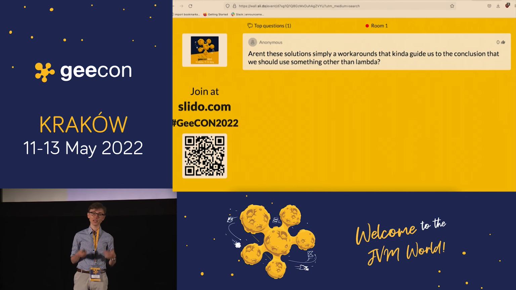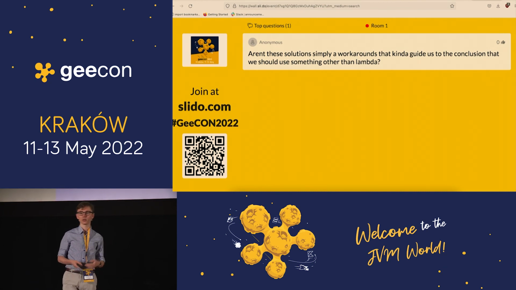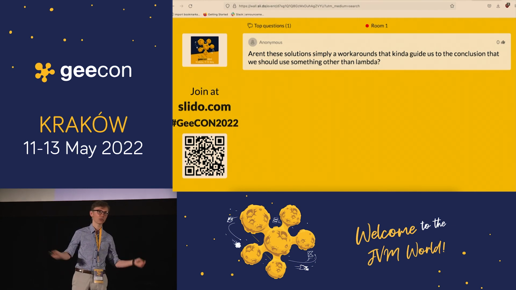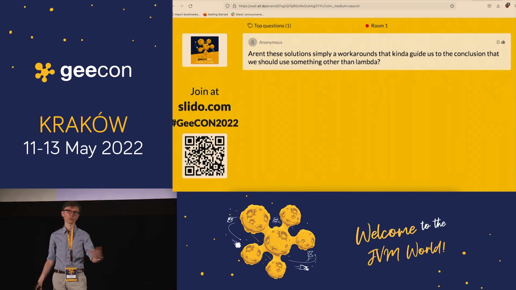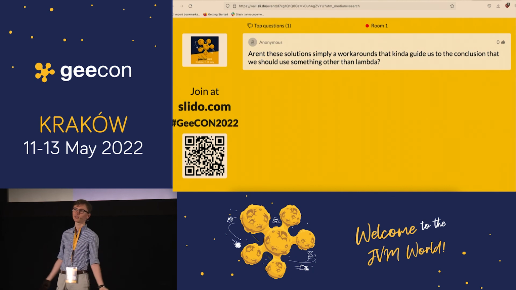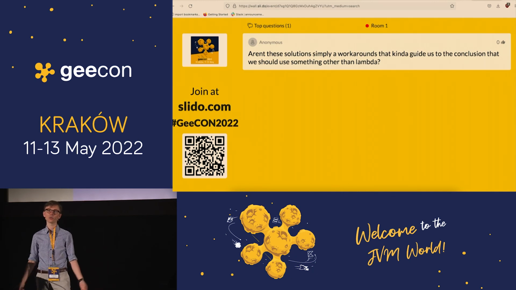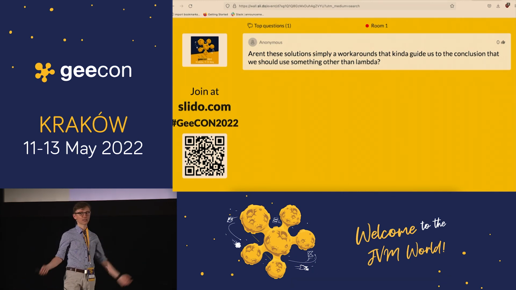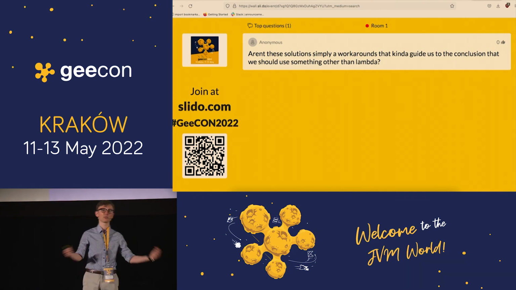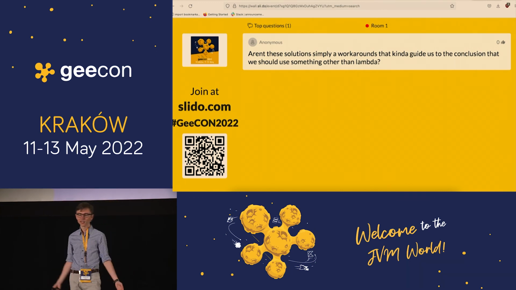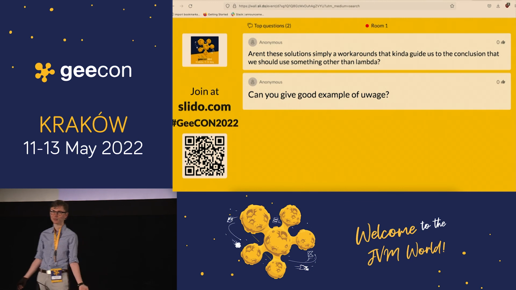AWS Lambda is really nice in the initial days of development. You can deploy quickly. You don't need to worry about the infrastructure, like updating your hosts, patching them, and so on. But after 6 months, you may discover that now we are dealing with cold starts and the lack of good in-memory caching and other problems, and then you regret choosing AWS Lambda.